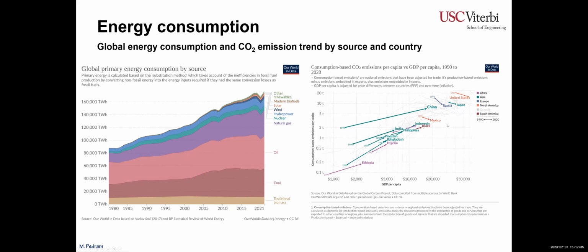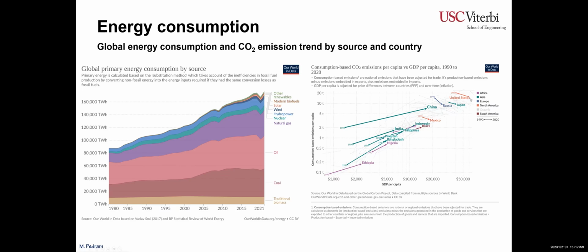The plot on the right shows the consumption-based CO2 emission per capita versus GDP per capita. United States has the top honor there. We have the highest GDP per capita, but also the highest consumption-based emission per capita. But things are improving.